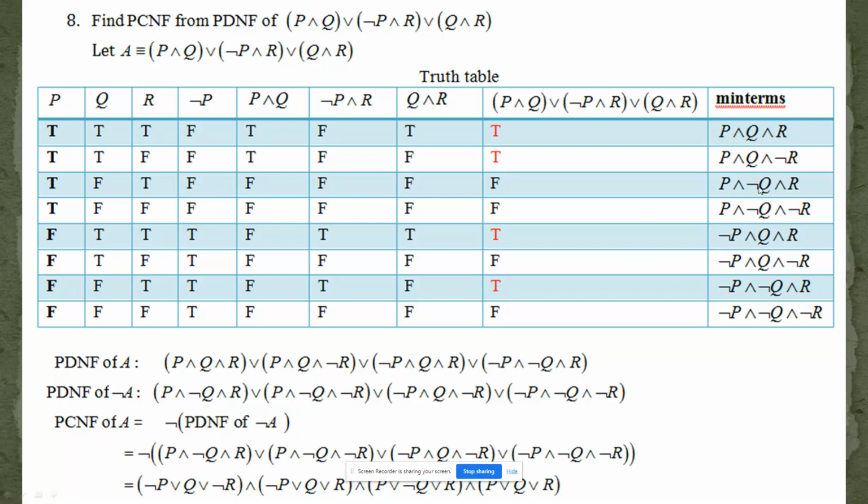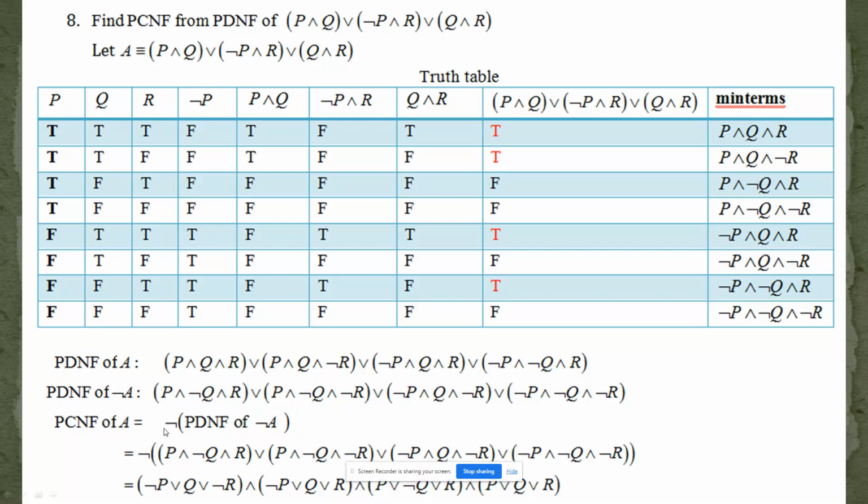What terms do we have remaining? P and negation Q and R, or P and negation Q and negation R, or negation P and Q and negation R, or negation P and negation Q and negation R. These are the remaining terms. So PDNF of negation A is the disjunction of remaining terms.